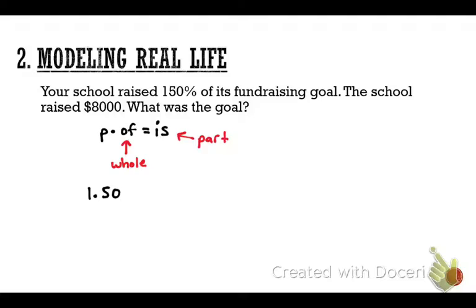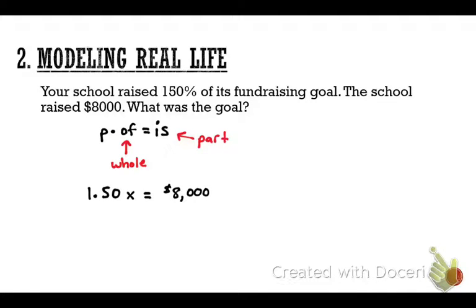We are trying to figure out the whole total that was their goal. Do we know what their total goal was? No. So we're going to put an x. We don't know that yet. We're trying to find it. Do we know what part they raised? How much did they raise? $8,000. And now we have a normal looking problem like we've been doing today.